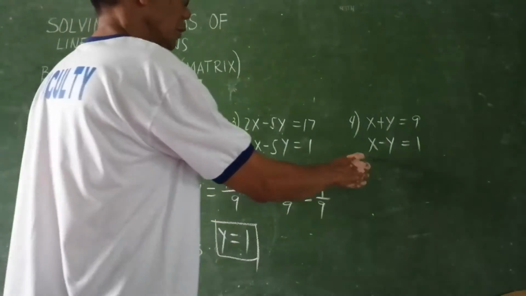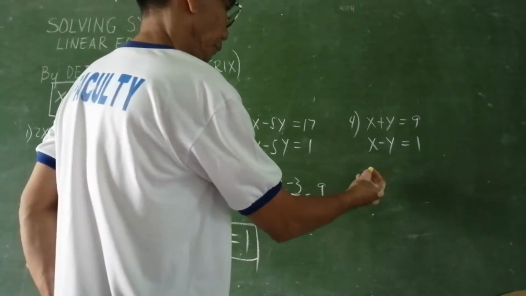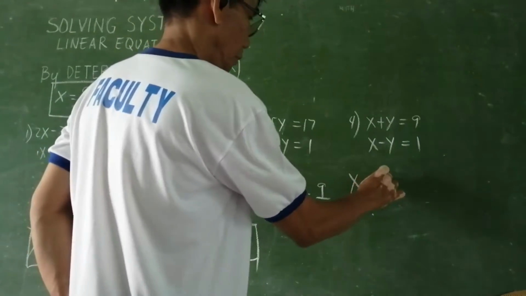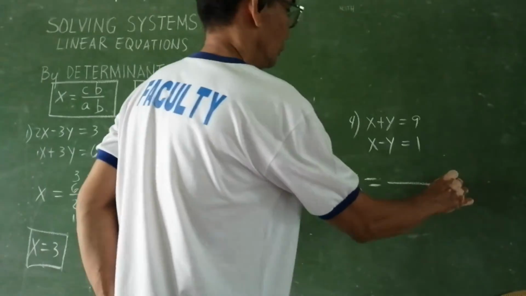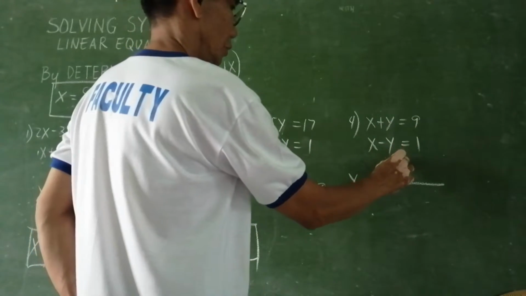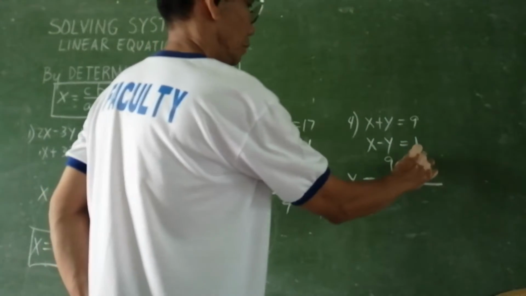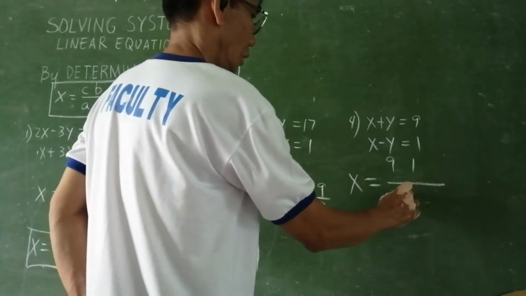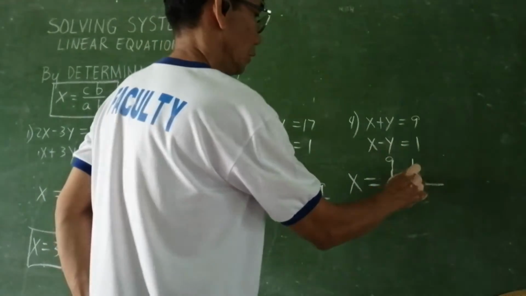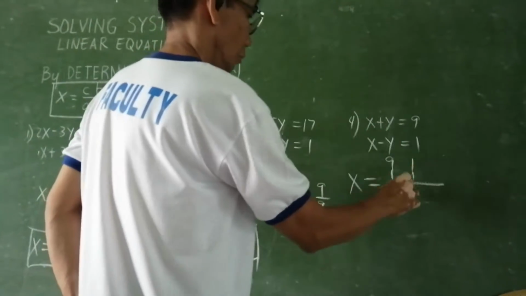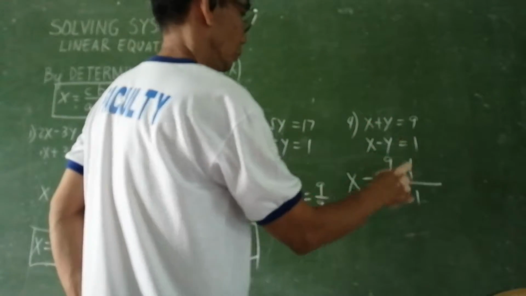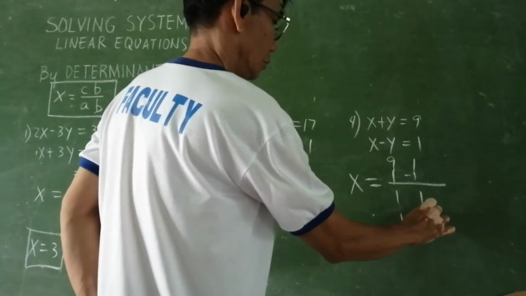So we'll go direct to number 4. So for x here, CB. So 9, 1, 1, negative 1, 1, 1, and 1, negative 1.